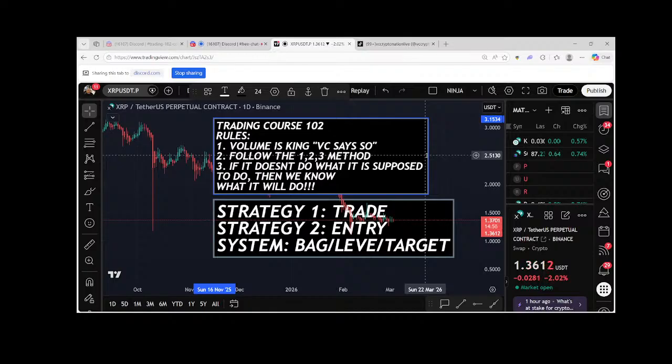And then rule number 3 is if it doesn't do what it's supposed to do, then we know what it's going to do, the opposite, right? That makes sense? Yeah. Yep. I mean, the whole point of these rules is really to get rid of the anxiety, right? Kind of get rid of the uncertainty, right?